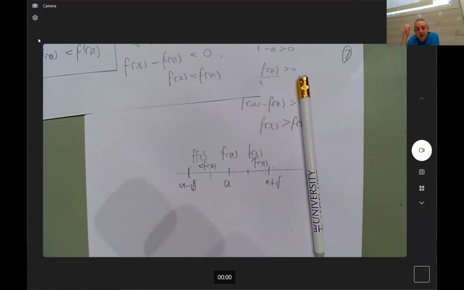There are definitely many points in here whose derivative is positive.